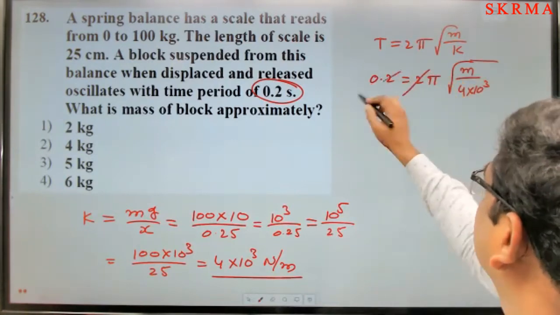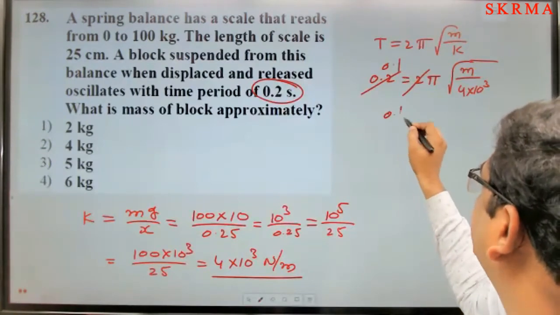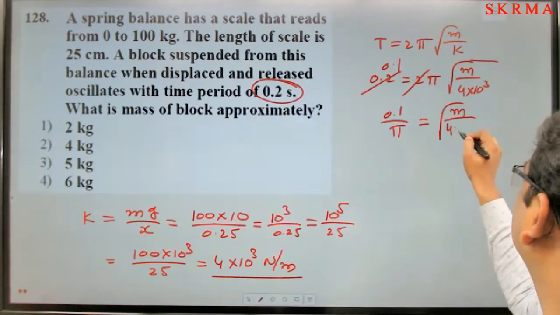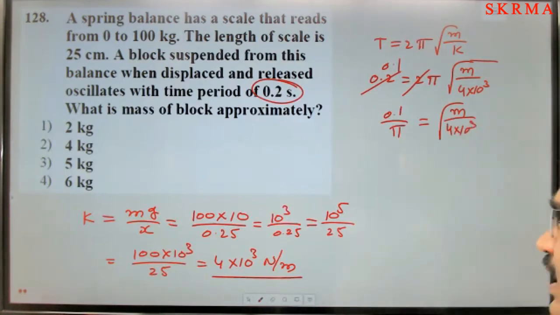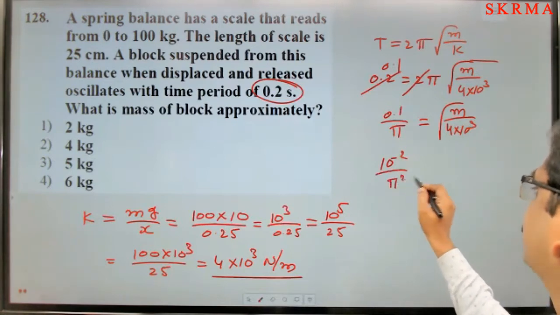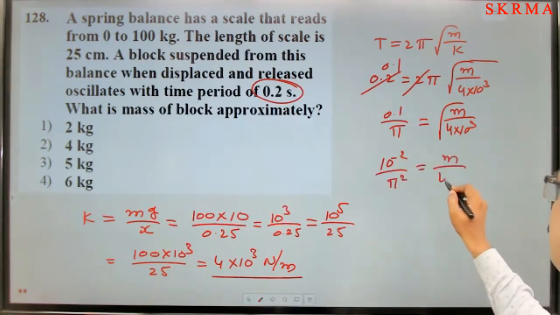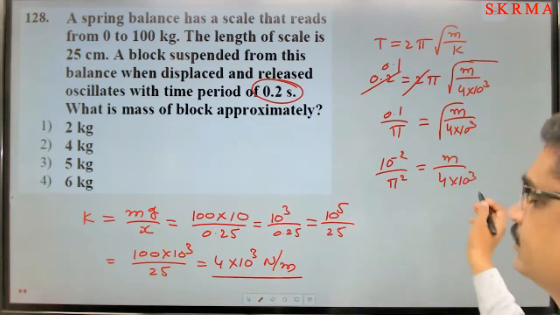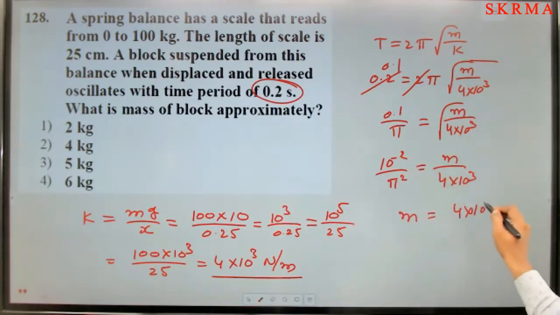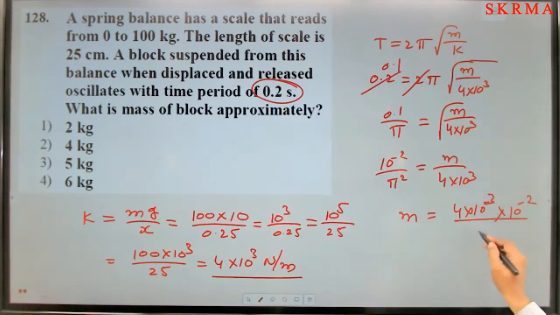Now rearrange this, 0.1 by pi equal to square root of m by 4 into 10 power 3. Now take square on both sides. That is 10 power minus 2 by pi square equal to m by 4 into 10 power 3. Cross multiply. So m equal to 4 into 10 power 3 into 10 power minus 2 by pi square.